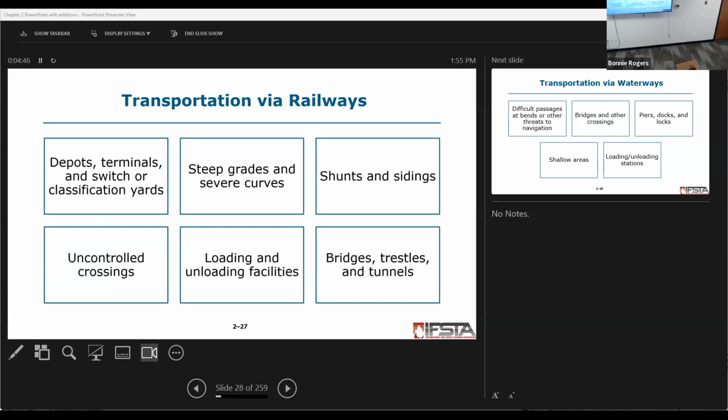Loading and unloading facilities, certainly potential there. Bridges, trestles, tunnels. I always hear stories about drivers underestimating the size of their vehicle and hitting the bridge. Didn't they do that in Kennewick this past year?